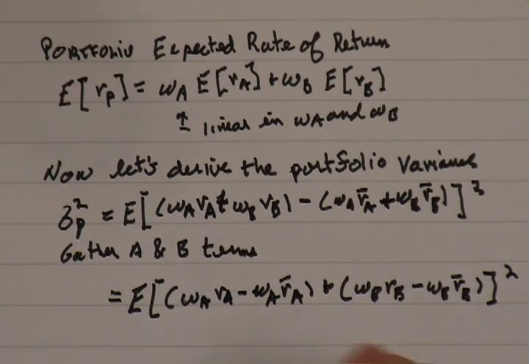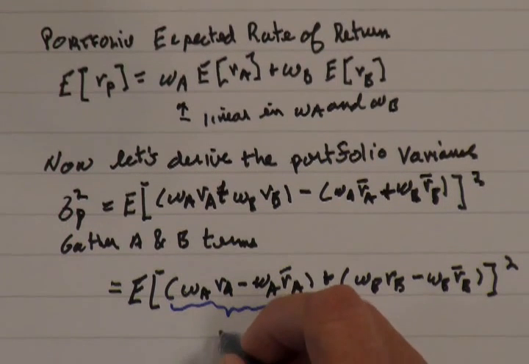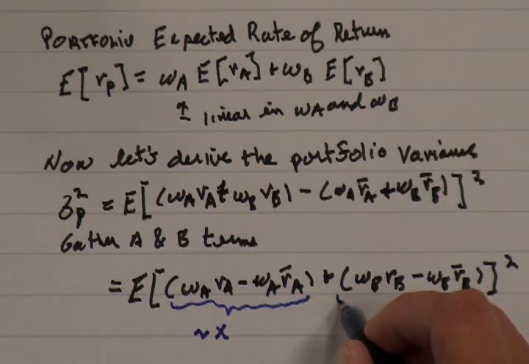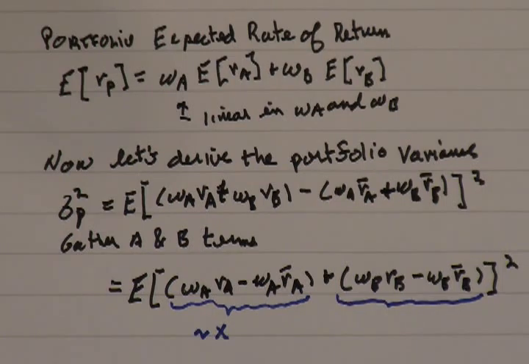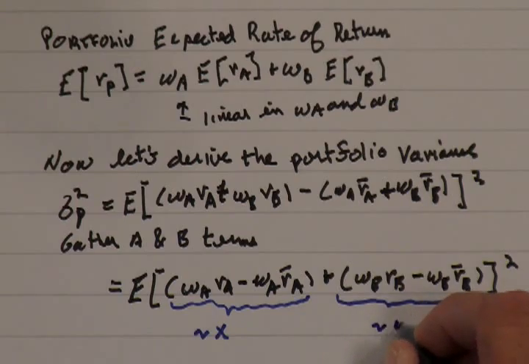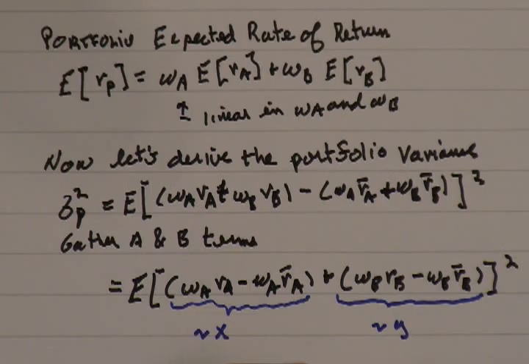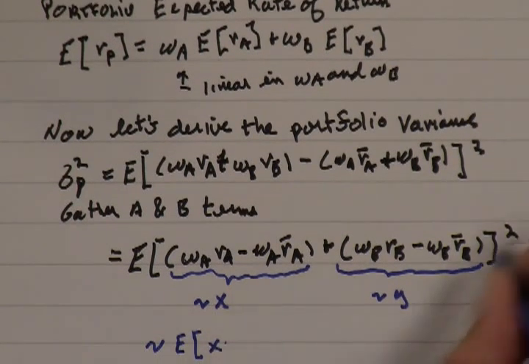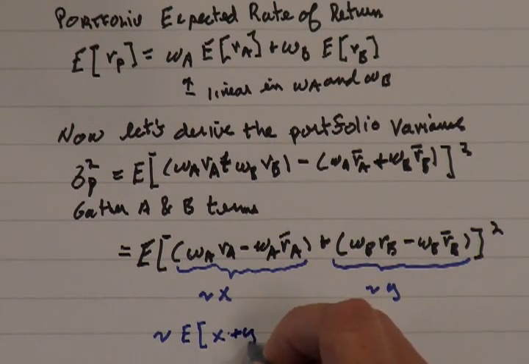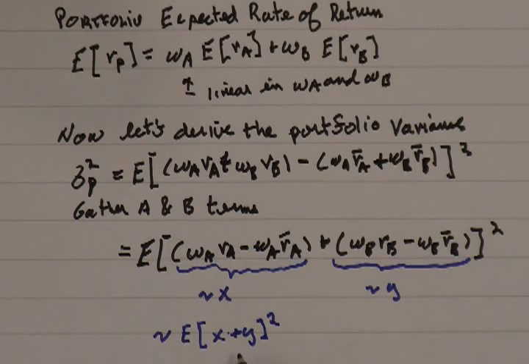Now, let's look at something. WA RA minus WA R bar A, let's say that that's analogous to X. WB RB minus WB R bar B is analogous to Y. So we have something analogous to the expected value of X plus Y squared.